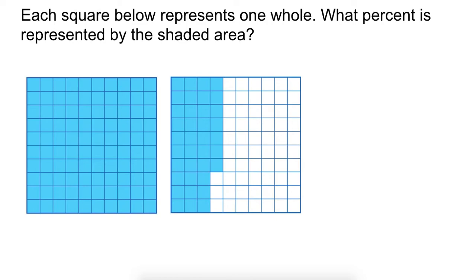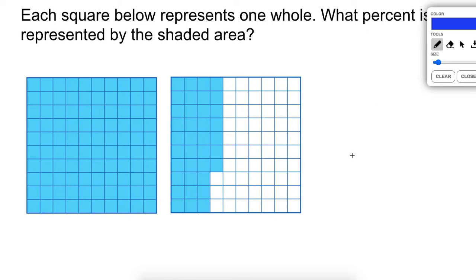As we're doing one like this, one thing we need to realize is that this one is completely full. Each square represents the whole, and they're talking about the big square when they say that. What percent is represented by the shaded area? This one, since it's a whole, is 100%. That's what you need to understand: this is the whole, so it's 100%.